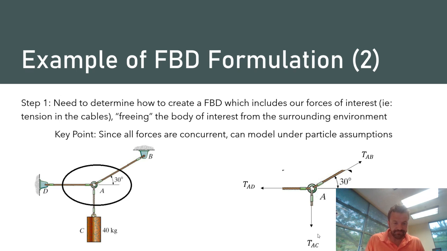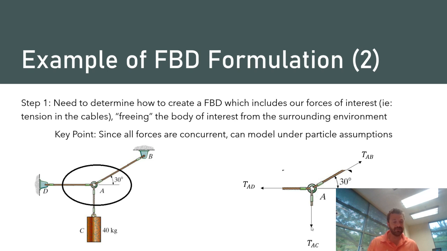But the next question that you may have is, well, clearly that ring has some dimensions to it. Do I have to analyze this as a body and actually consider those dimensions? Or am I able to simplify my analysis to a particle-based analysis? Reflecting back on what we talked about at the beginning of chapter 3, if I were to extend out the line of action of all these forces, notice that each of those lines of action passes through a common point at the middle of that ring.